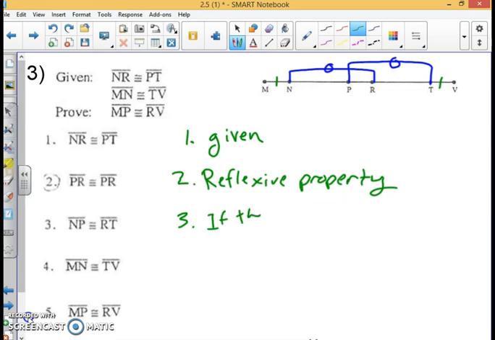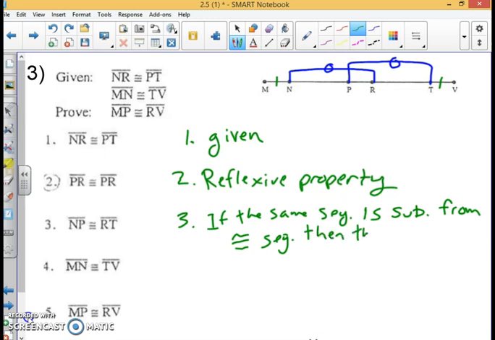So if the same segment is subtracted from congruent segments, then the differences are congruent. We should, in parentheses, note statements 2 and 1, because those are the two statements we are relying on.